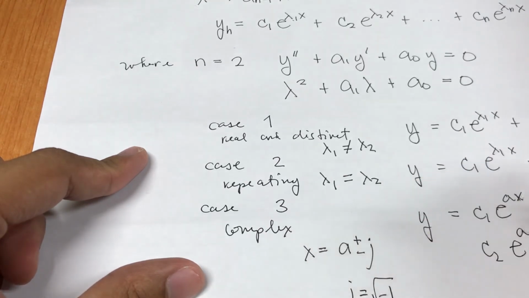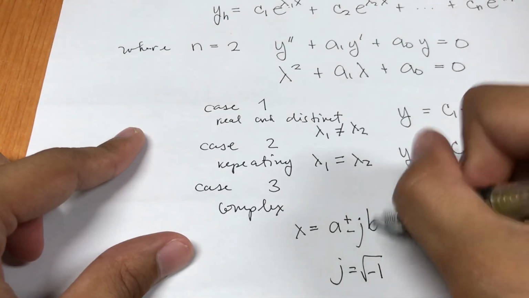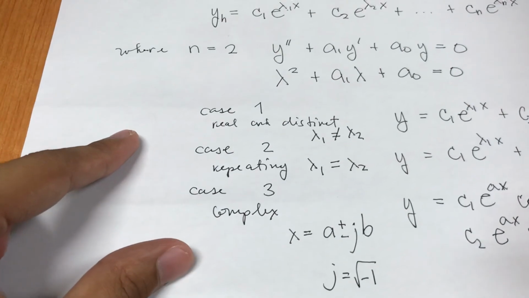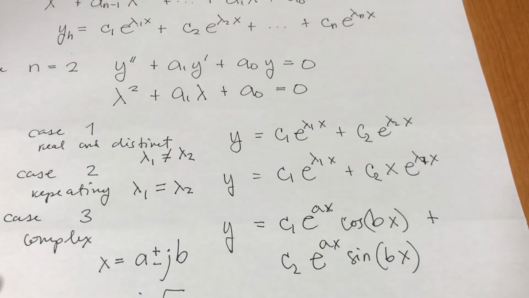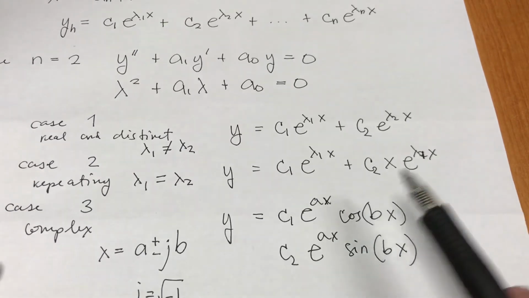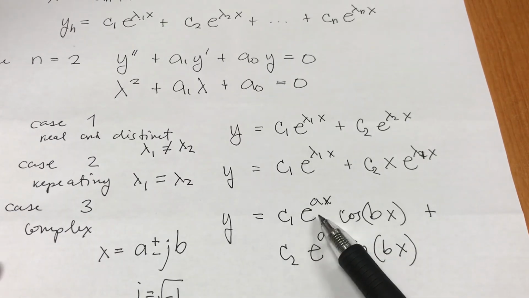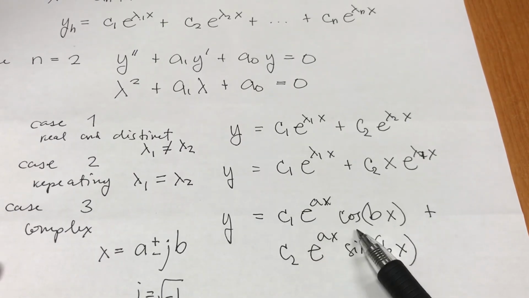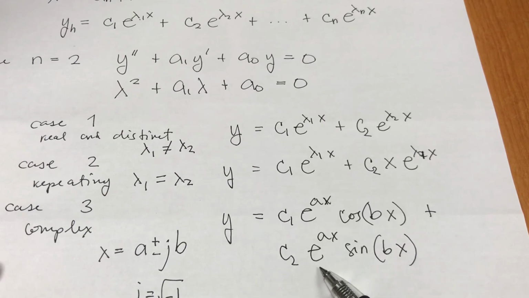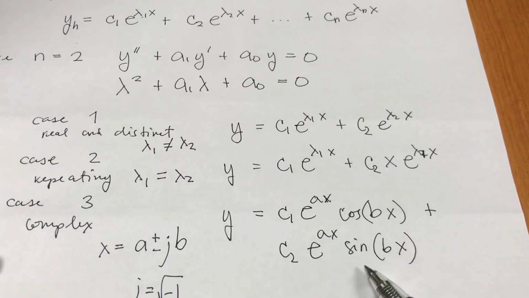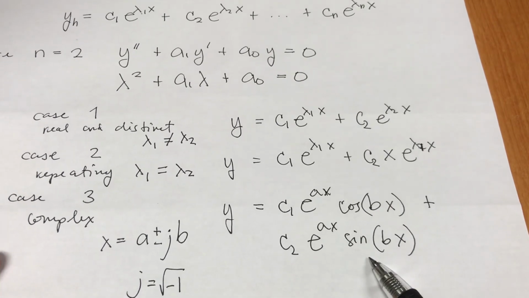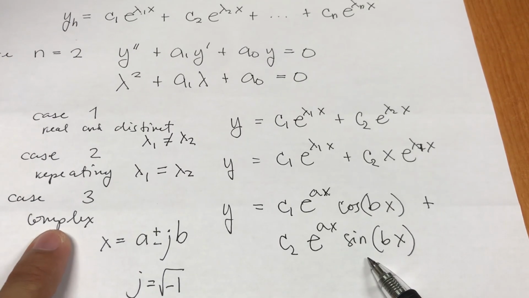So, the solution would be equal to this one. C1 e to the power of A times x cosine B of x plus C2 e to the power of A times x times sine B of x. This is if the roots are complex.